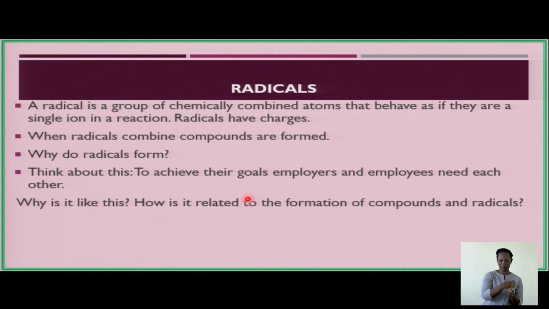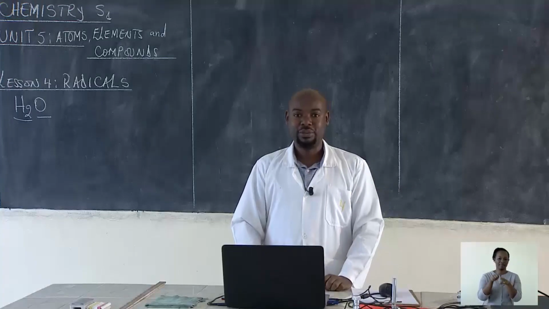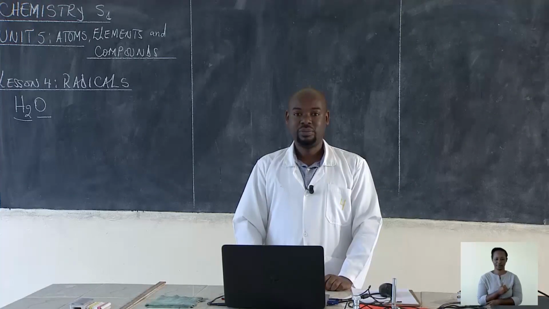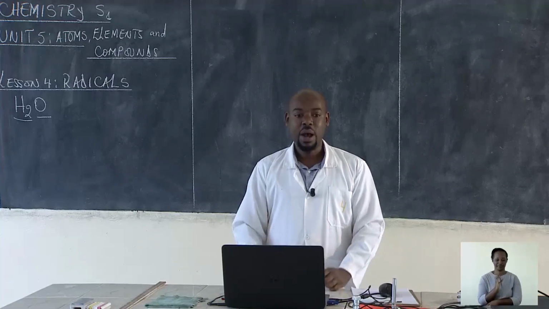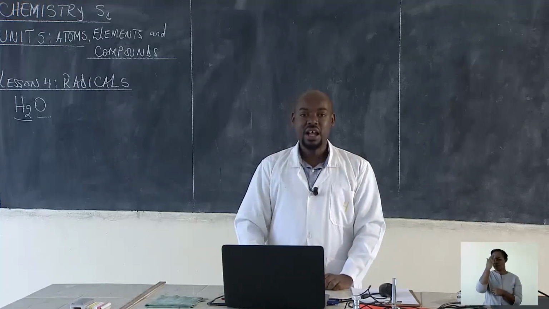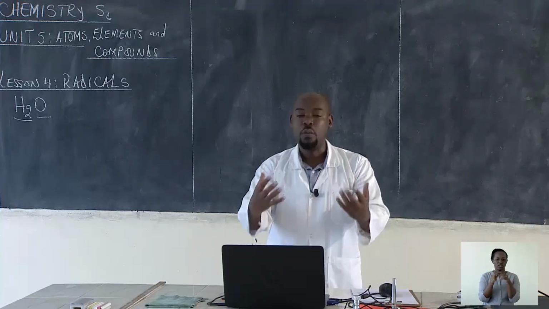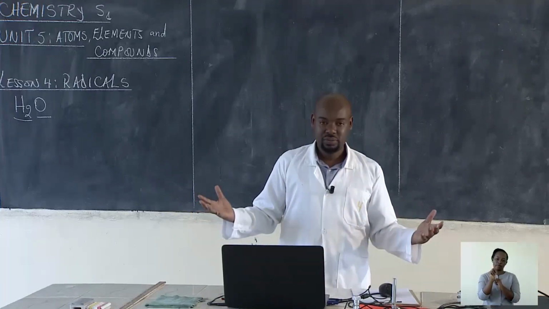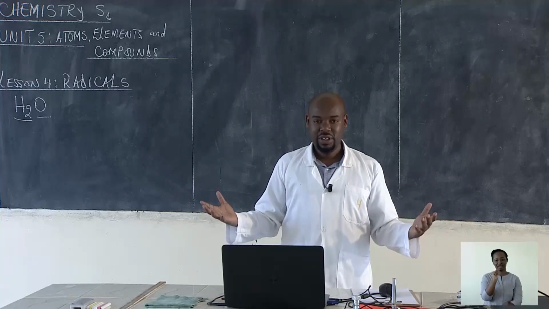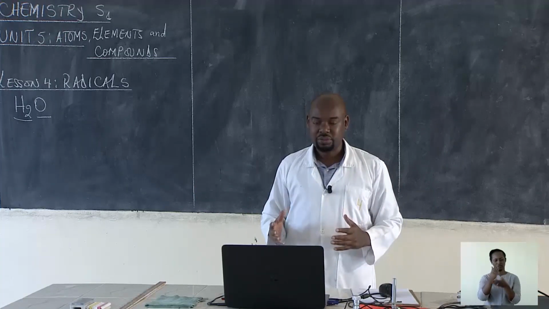Why should we have employers and employees at the same time in a given company? You think about it. Why is it like that? And how is it related with the formation of compounds or radicals? Think about it, please. I give you some seconds.